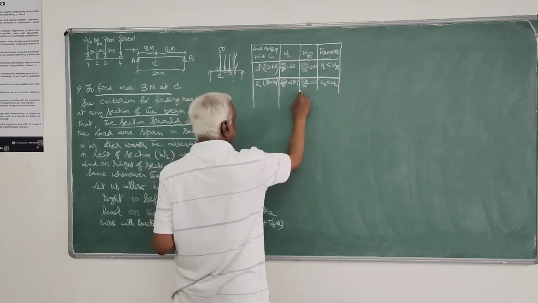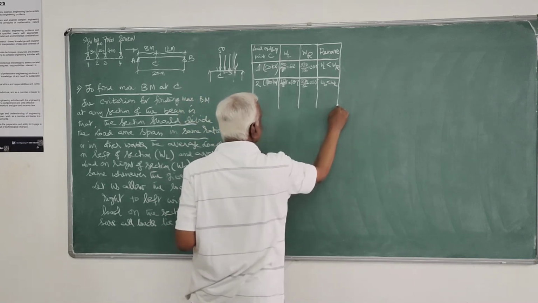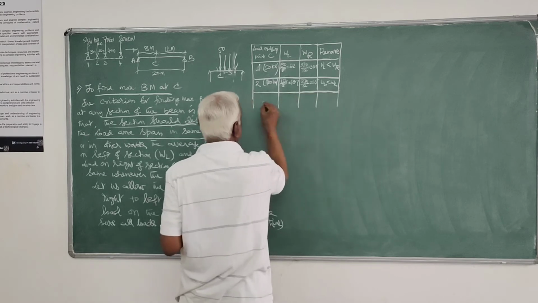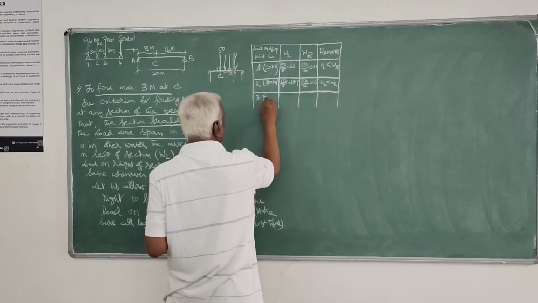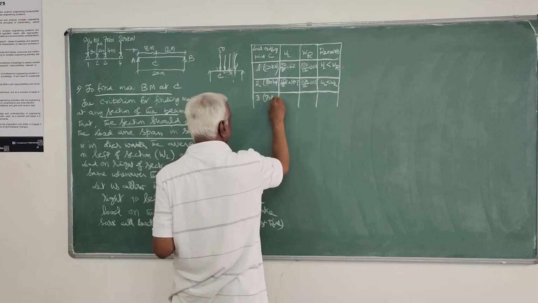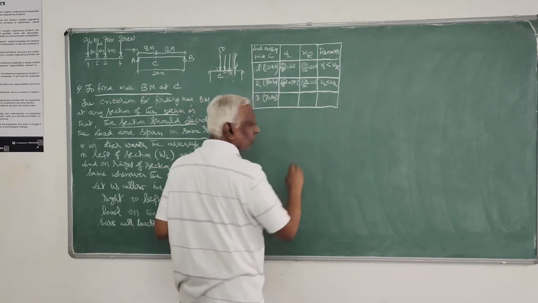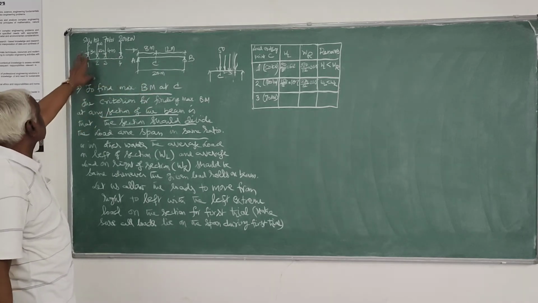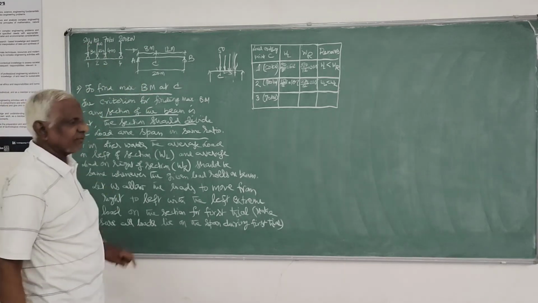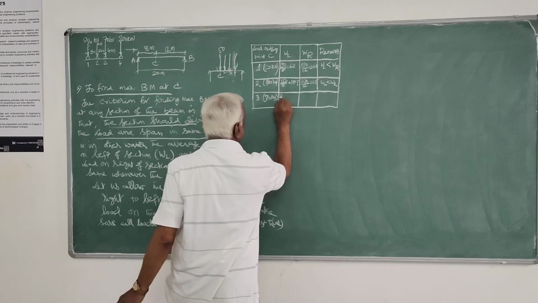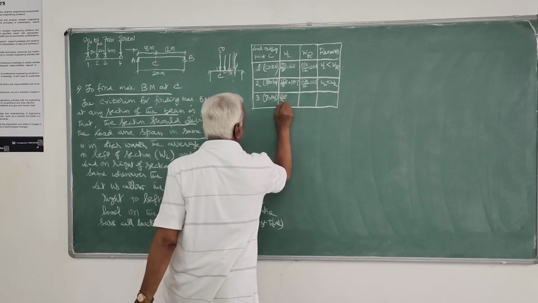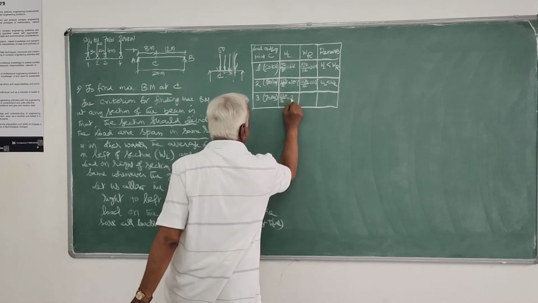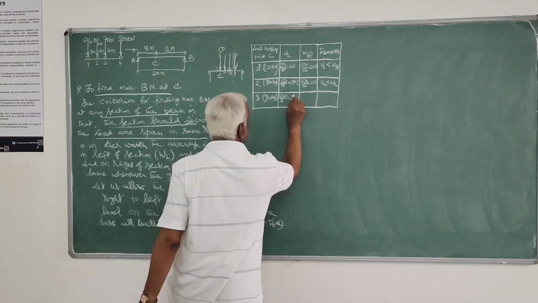You consider now the next load to cross the point C, that is the third load, 70 kilonewtons. When 70 crosses, the average load on the left side will be 150 plus 70, that is 220 divided by 8, that is 27.5.